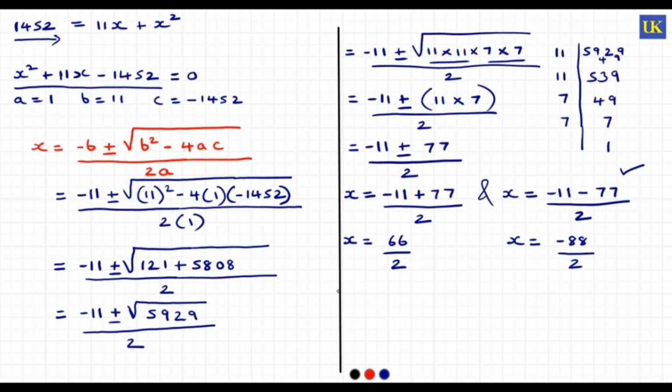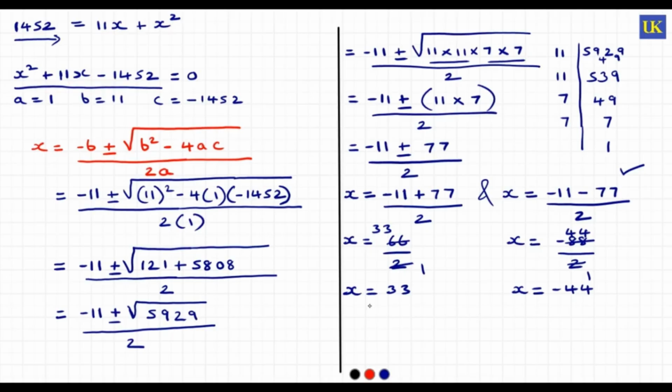So here x is equal to, 2 threes are 6, so the x value is 33 here, and here what we will get, 2 fours are 8, and of course with the minus sign, minus 44.